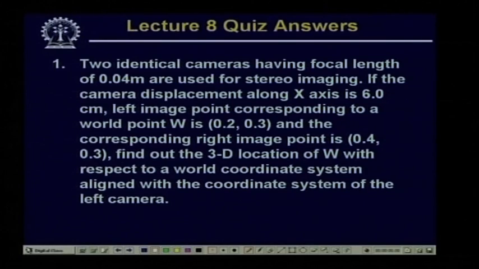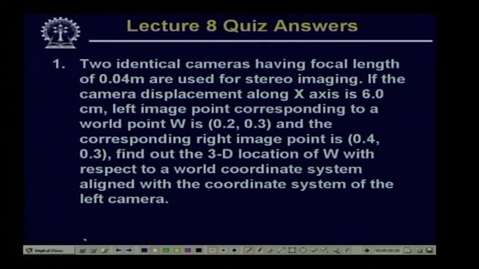Now, let us see the answers of the quiz questions that we had given in the last class. In the last class, we had given a quiz question for finding out the 3D coordinate point of a world point, where its coordinate in the left camera and the coordinates in the right camera are given.